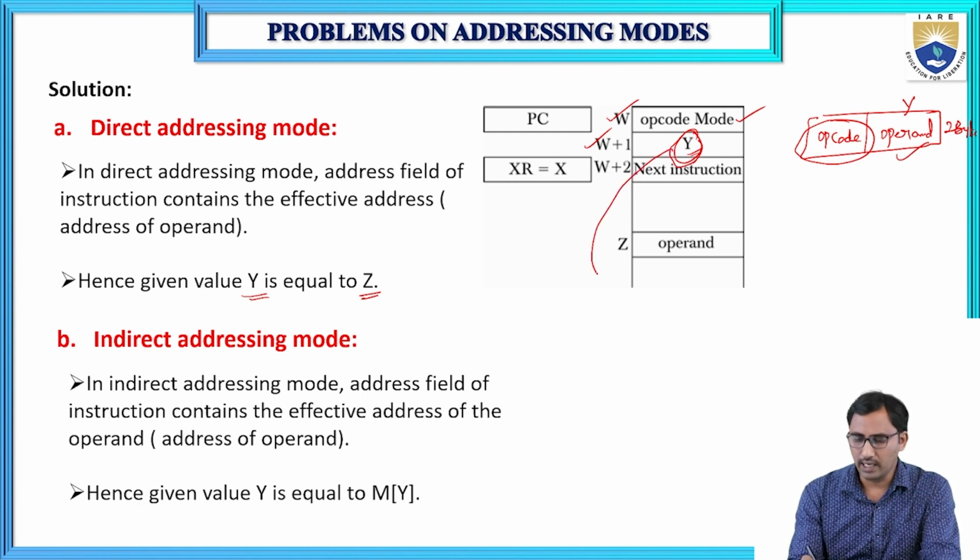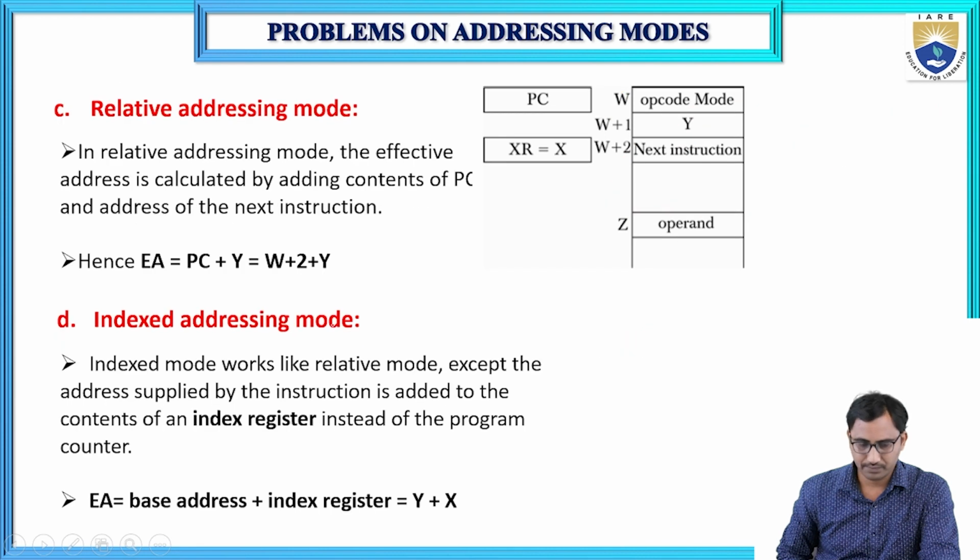It will go to that location. Let us assume this is Y, and this is the effective address of the operand, which holds some data, 35. So 35 is the operand, and its effective address is given by M of Y in indirect addressing mode.